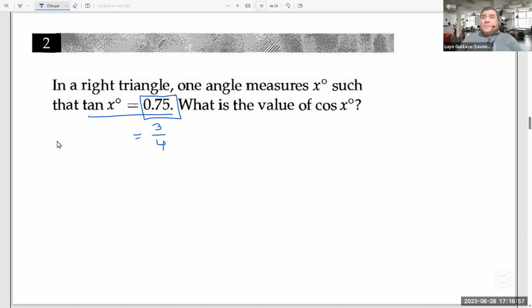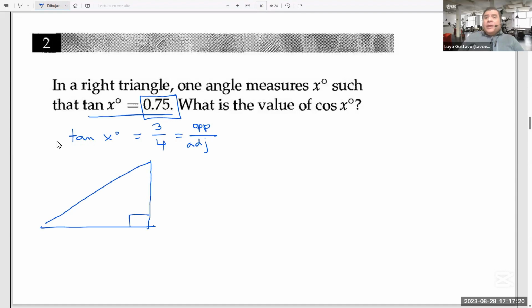So imagine this as per the definition of tangent. This is the length of the opposite side divided by the length of the adjacent side of one angle inside a right triangle. So if we are saying that this is the tangent of x, it's because we can visualize one right triangle that exactly possesses one angle x, and the opposite side to this angle is 3, the adjacent equals 4.